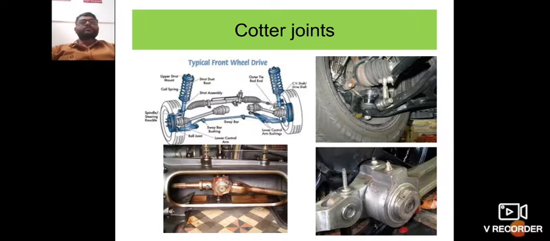This diagram shows the applications of quarter joint. The first diagram shows a typical front wheel drive where quarter joint is used between the two wheels. Another application shows the quarter joint in wheels or in the IC engine mechanism.